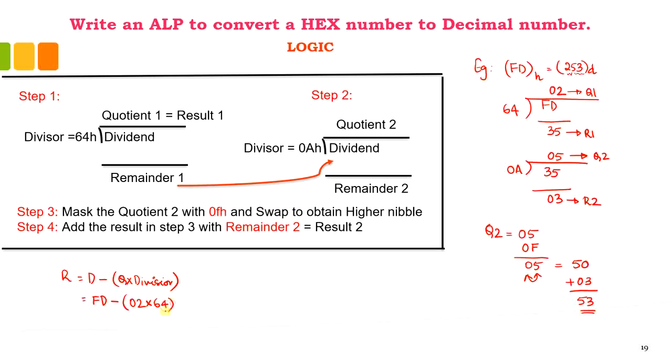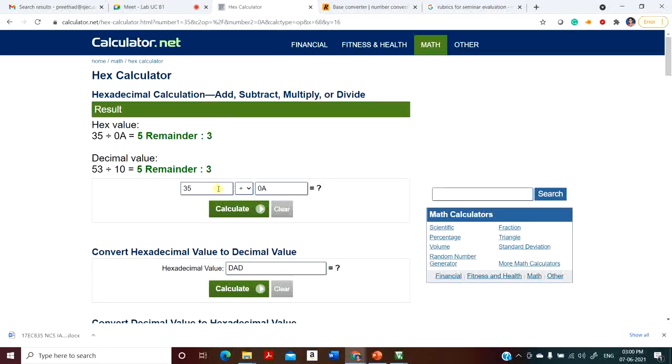So let me use the online tool and show you how it can be done. So I will first perform the multiplication. 64 into 02, that is divisor multiplied with the quotient, and I obtain the result as C8.